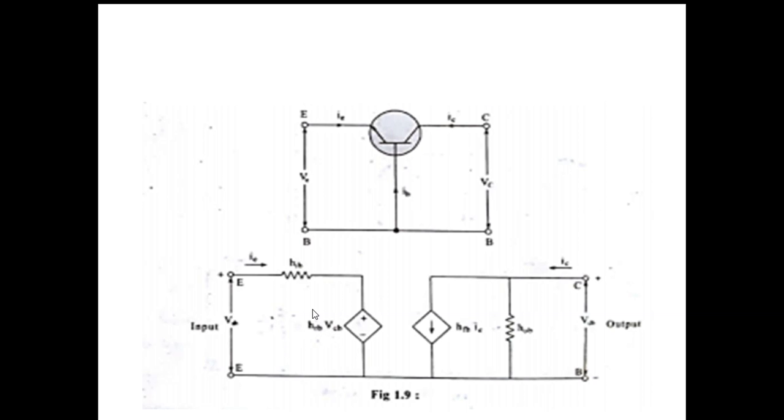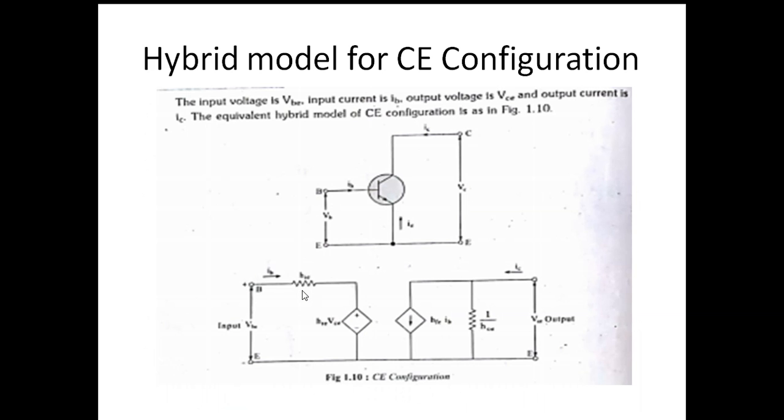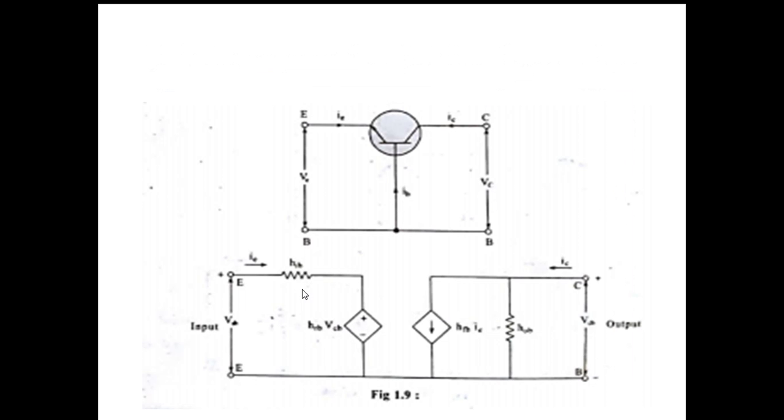Sorry, VCB is the output voltage. HRB VCB. Okay, now VE is equal to HIB IE plus HRB VCB, that is the output voltage.